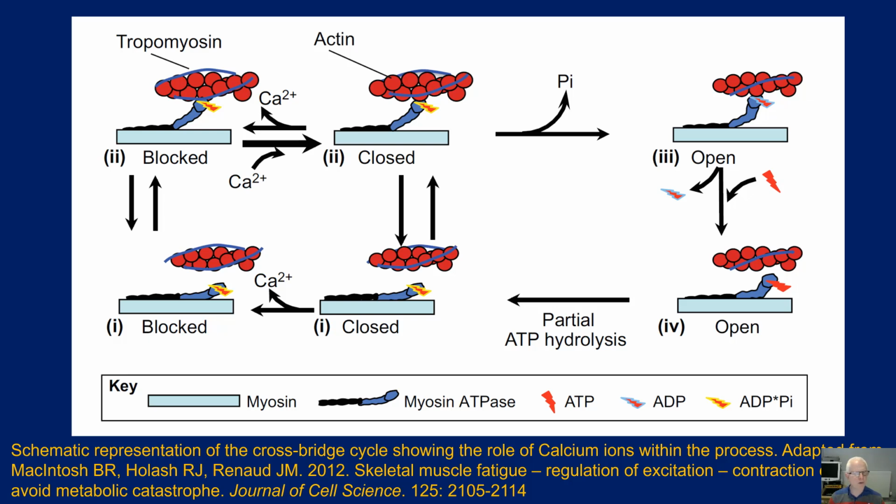Now, we've seen all this previously, but what you can see is that fundamentally the whole process is about the interaction between the actin and the myosin filament. And fundamentally, the key to this is using ATP. It's an ATP-dependent process.